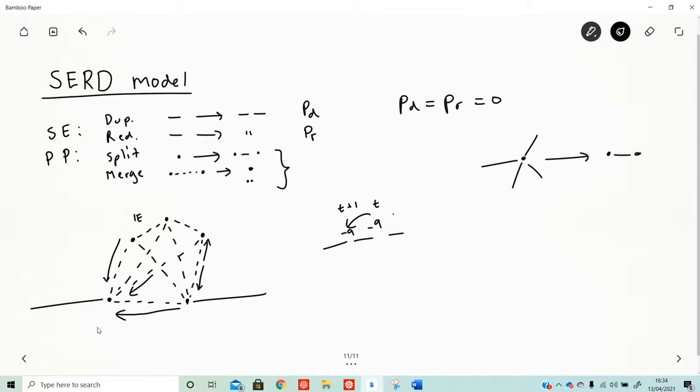But what I've realized is actually the most natural consequence is that the information of the split propagates through the system in the same way that when a duplication or reduction occurs, that information propagates through the system, and it creates a bifurcation in the system. And this leads to, I think, a much more interesting system, a much more interesting state, because it's not just a complete graph, right?